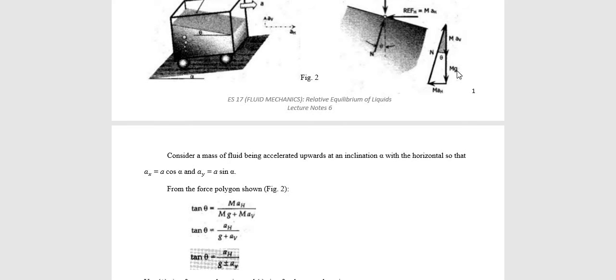Tangent theta is equal to the reversed effective force along the horizontal axis over the weight, plus the reversed effective force along the vertical axis.